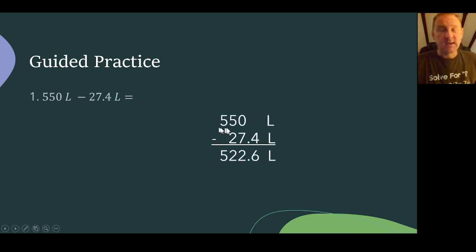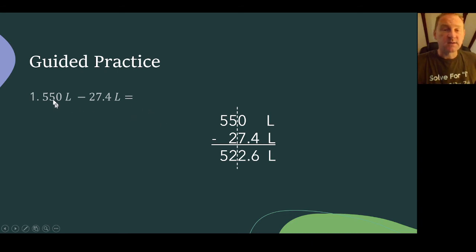So we take these two values and we subtract them, and we're going to look at the value where the significance stops. Remember, trailing zeros only count if there's a decimal place. So this only has 2 significant figures, while this one has 3.